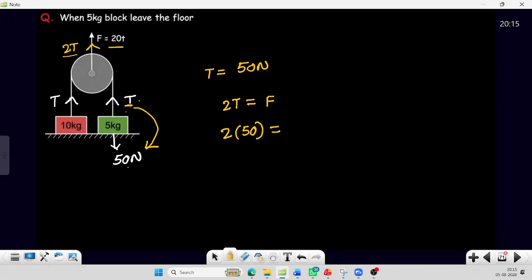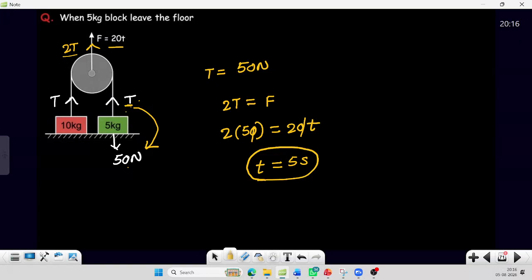And F is how much now? 20 into T. F is given 20T, so from this the 0 will get cancelled. How much is the T value? Here the 2 also will get cancelled.